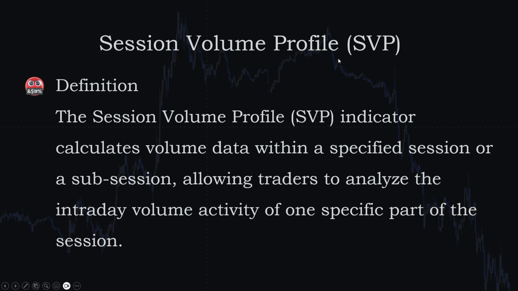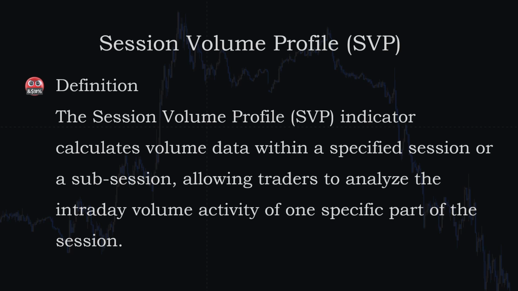But the SVP, as it says here in the definition, I'll leave a link to TradingView's page on session volume profile as well. By the way, I'll put that in the description. But it is calculating in a specified session.